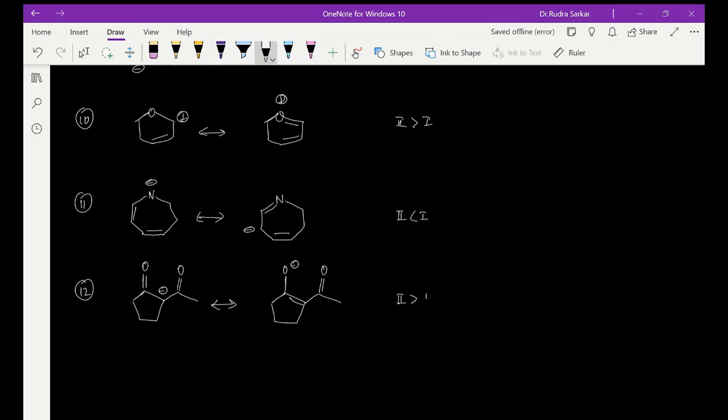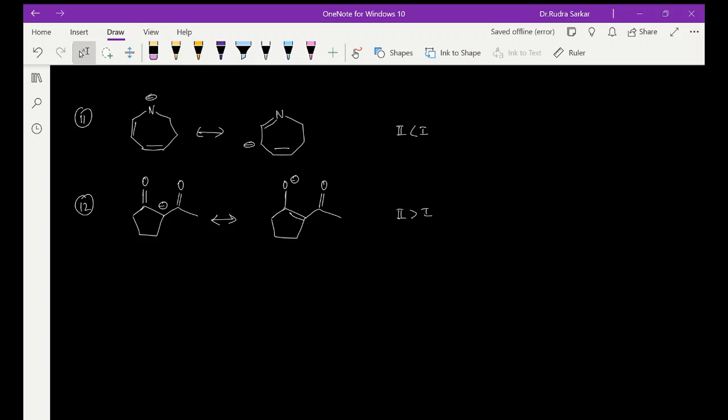Two is more stable than 1 because the negative charge is lying on the more electronegative oxygen. And so on. So I'm going to stop over here regarding this, and I hope we have done sufficient examples to explain this particular section of the problem.